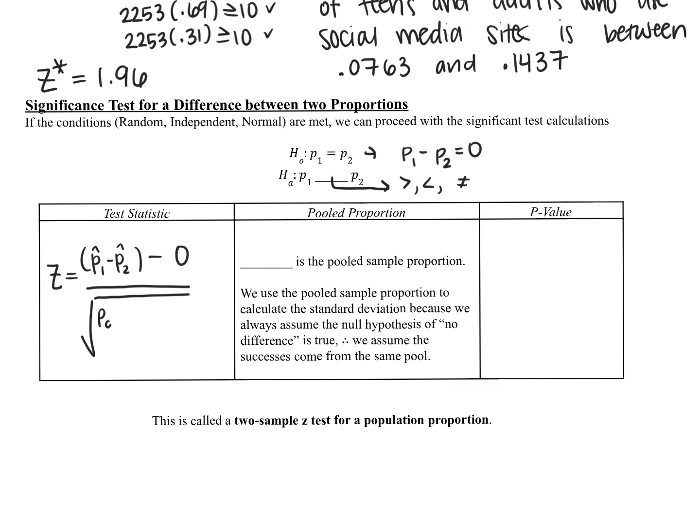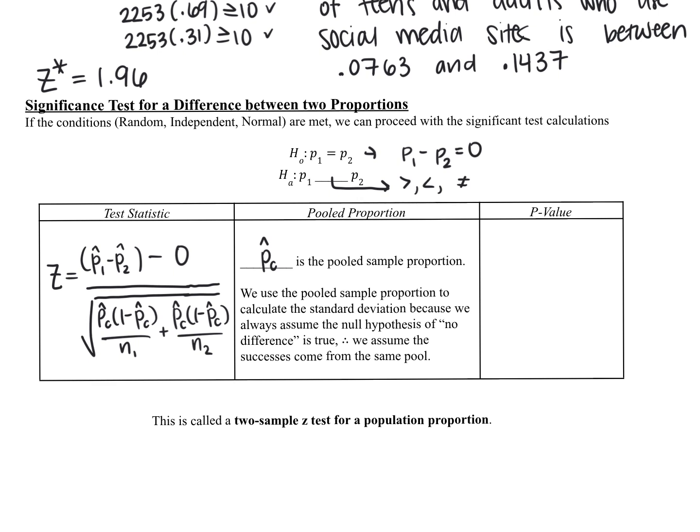So it's PC times 1 minus PC over N1 plus PC times 1 minus PC all over N2. This is where we get a little different than our confidence interval, or our significance test for a single distribution. Sorry, they should have hats on them. PC hat is something we call a pooled sample proportion.